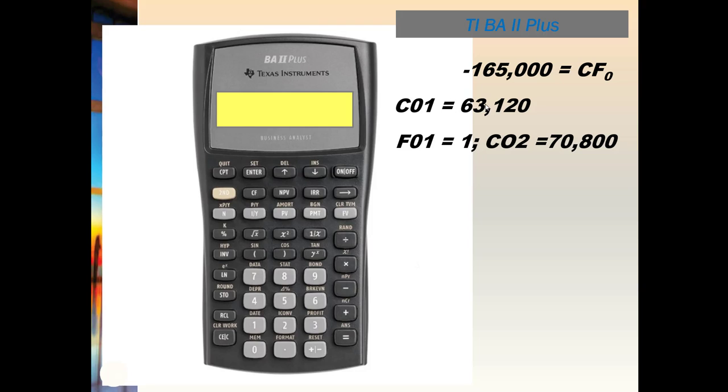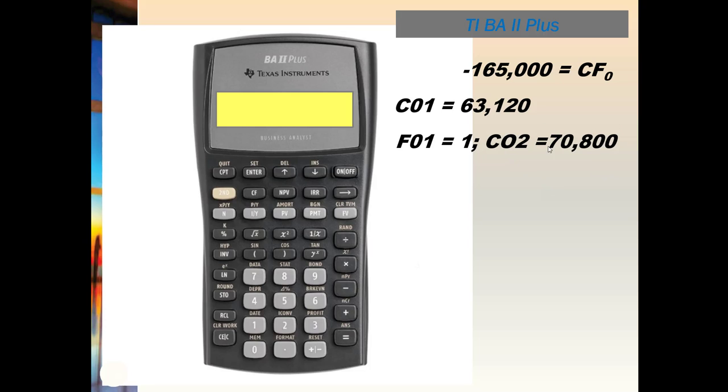If this cash inflow repeats 2 times, 3 times, or 5 times, instead of entering the cash flow 1 time, 2 times, 3 times, you can just enter, for example, that it repeats for 3 times, then enter 3 and press enter to save, and you press the down arrow key.